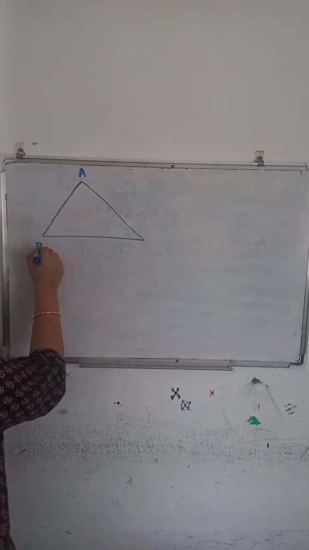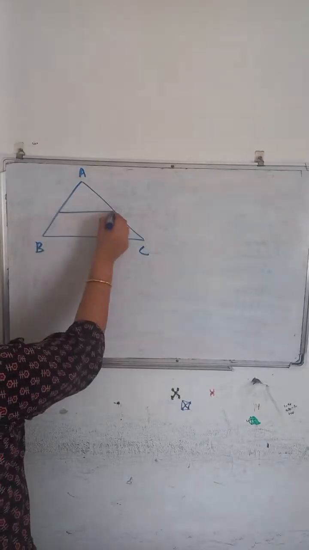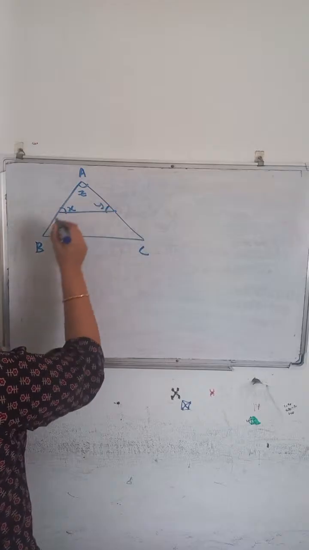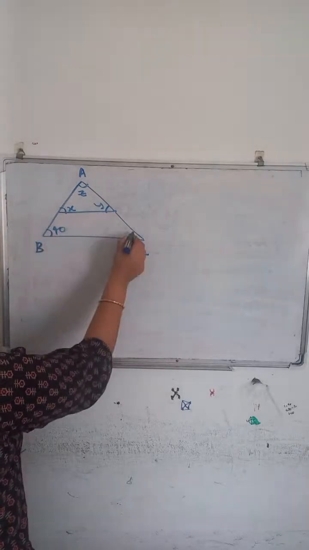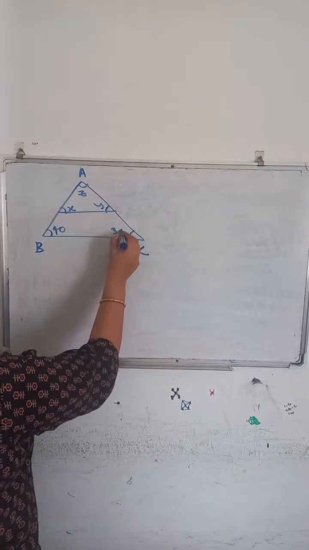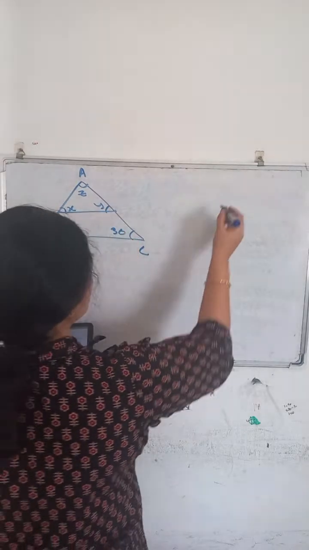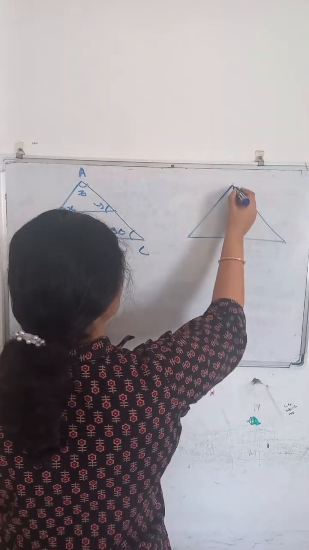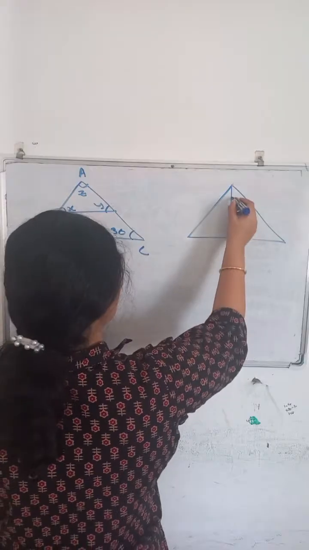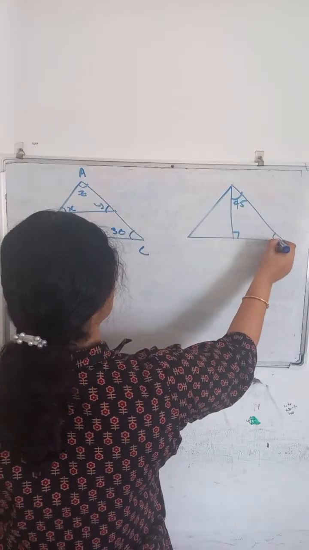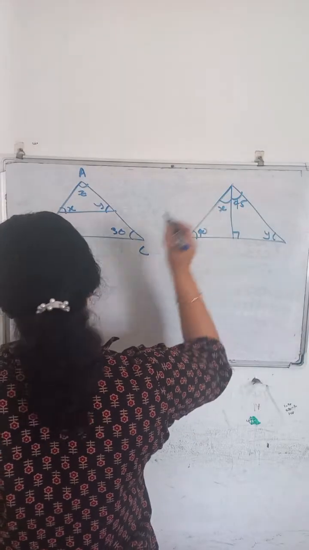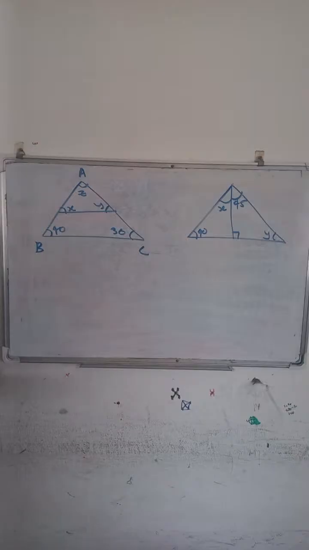This is A, B and C. This is Z, this is X and this is Y. This is given 40 and this is given 30. Then another figure is given here. Two more are there. First we can solve these two. This is 90, this is 45, this is Y and this is 40 and this is X. So now we can find X, Y, Z in both the figures.